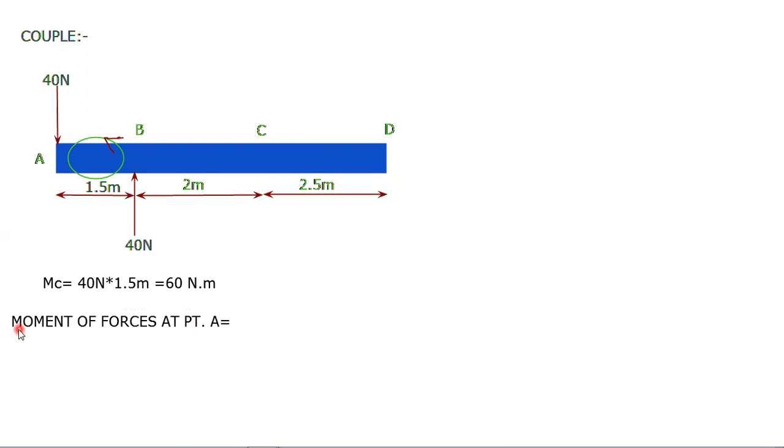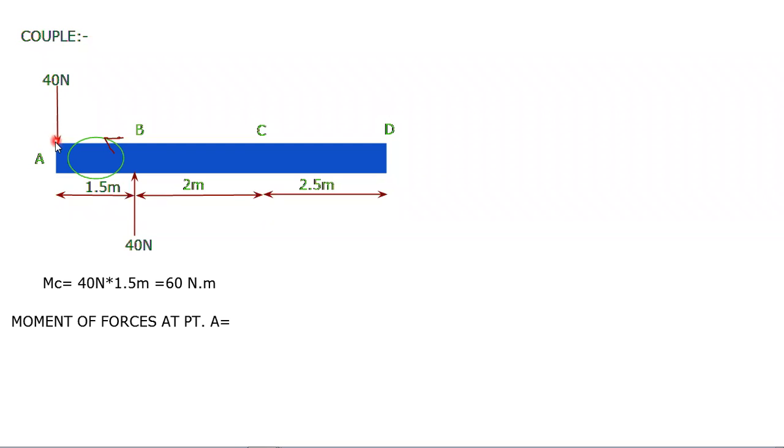We have to find the moment of forces at point A. The first force is 40 Newton, which is acting downward at point A.